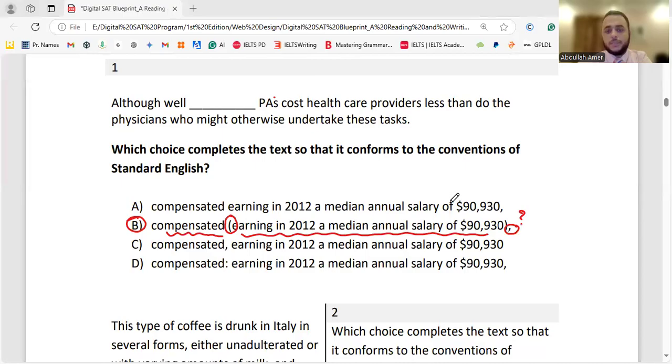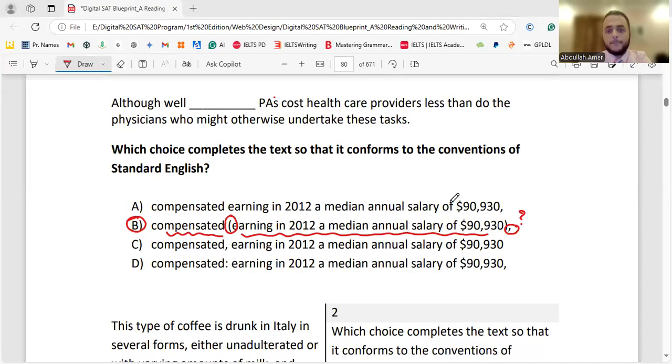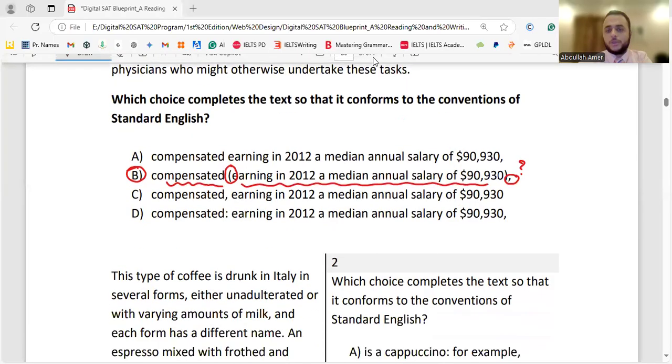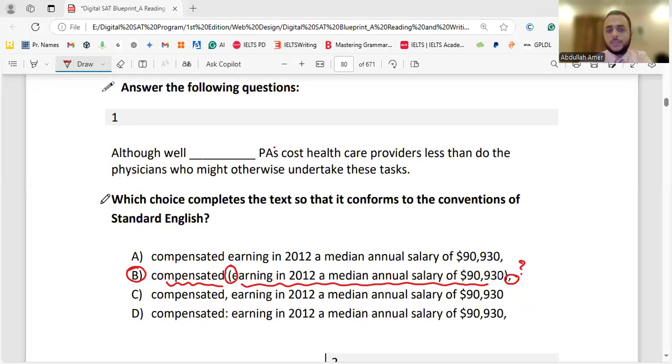Separating the independent and dependent sentence? No. Okay, it offsets the modifier. Okay, good. This is actually the best answer. But there's also something that we've discussed, which is that this is an initial modifier phrase.